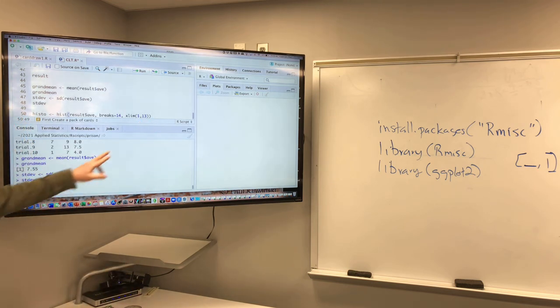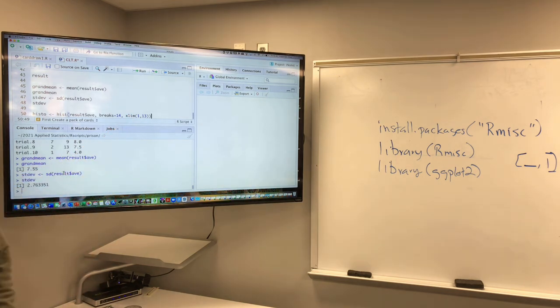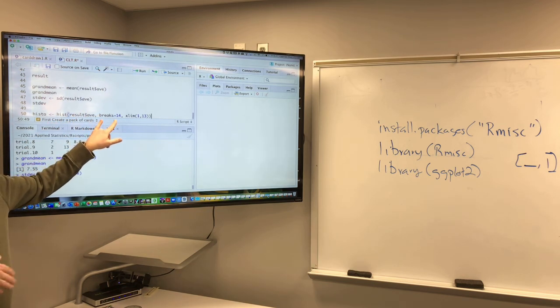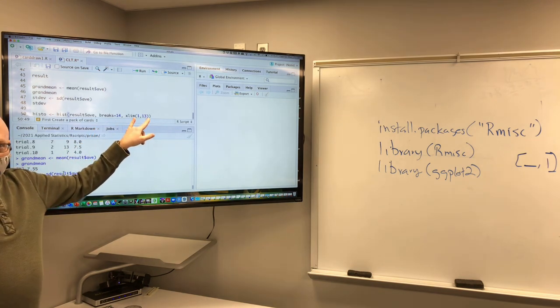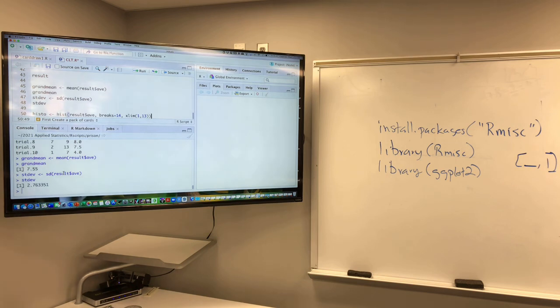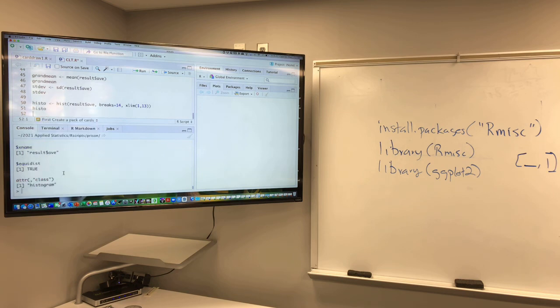So xlim tells you what the x limits are on your x variable. So it's a command to make a histogram. Here's the data, here's how we want the x-axis broken up, and these are the values for the beginning and the end of the x-axis. That's all it does. Run that, and then type in its name, and you should get a histogram.